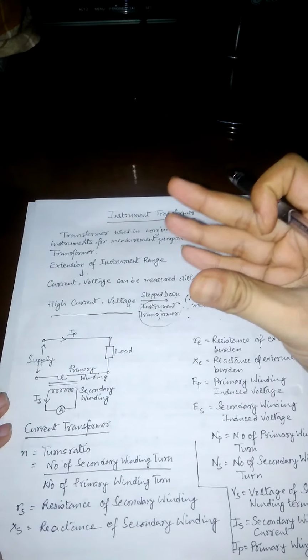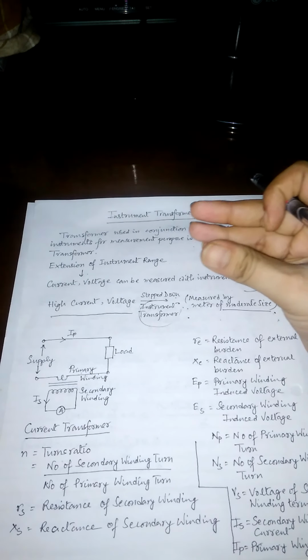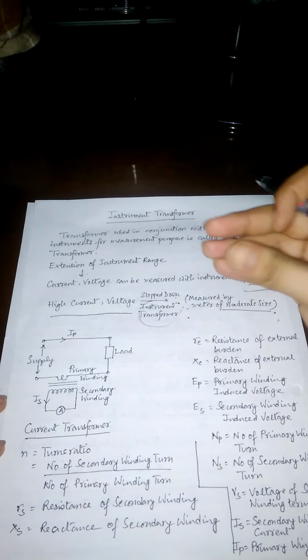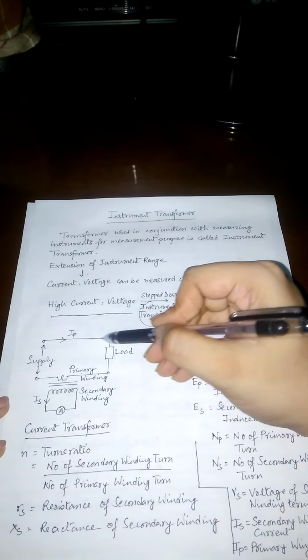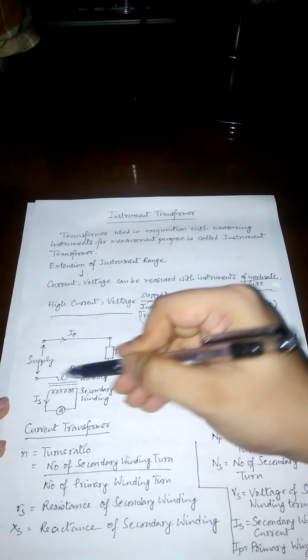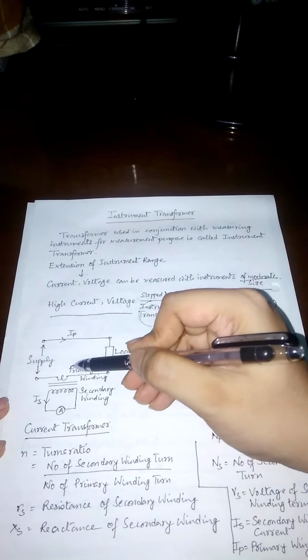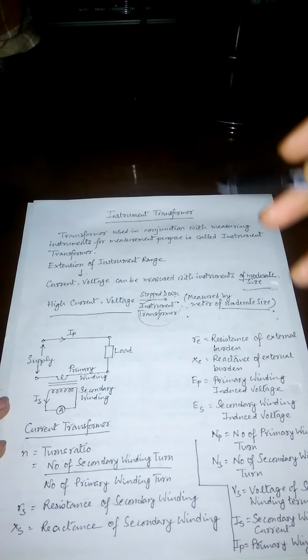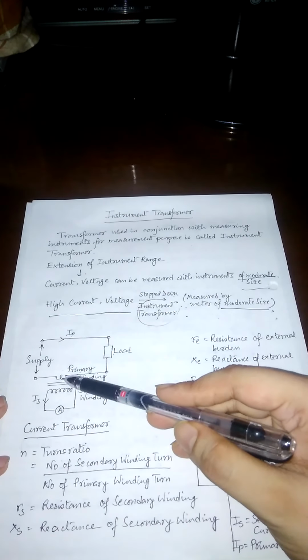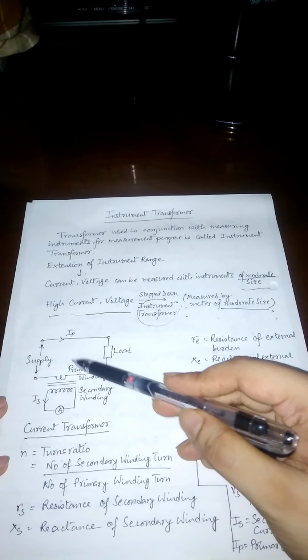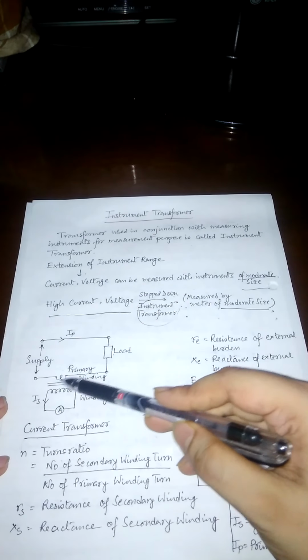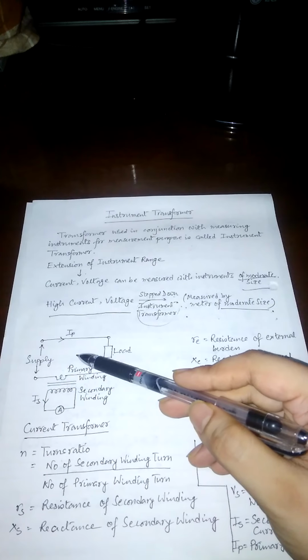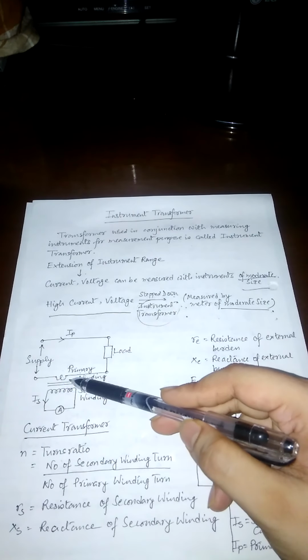That means the particular load which is going to draw current, this current is going through the primary winding of the instrument transformer. And here you can see that the primary winding of the instrument transformer consists of very few turns, so practically there is a very small or negligible voltage drop.